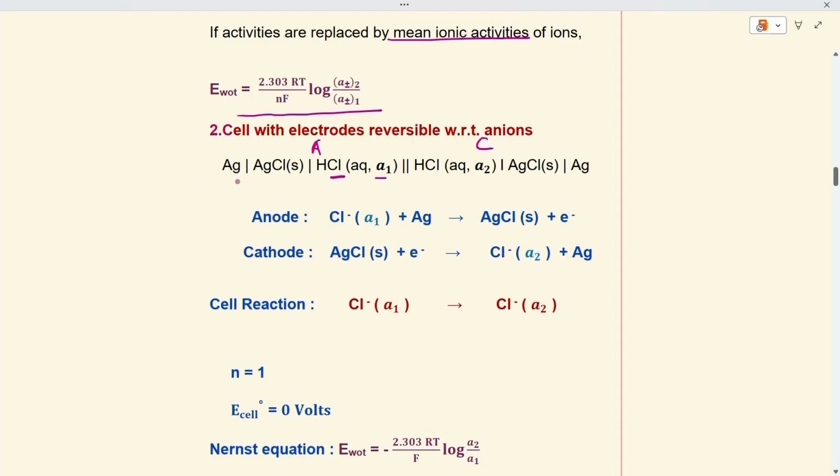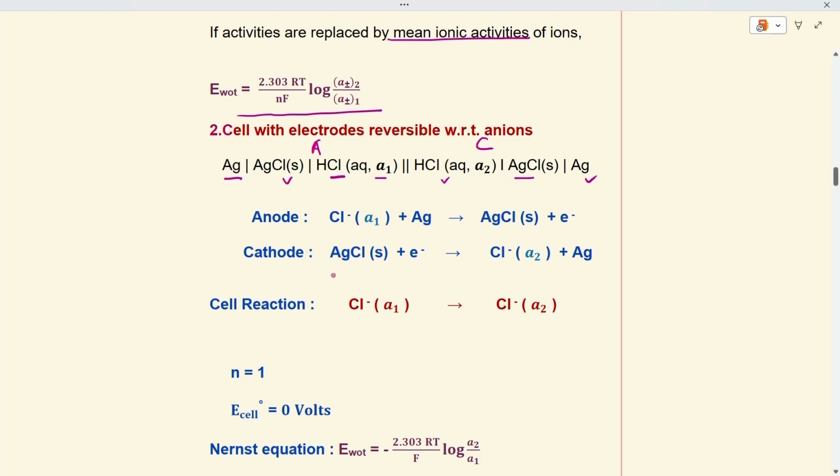Now, let us take the anode reaction. Silver combines with chloride ions, forming silver chloride solid and releasing an electron, because to form silver chloride, silver has to lose one of its electrons. So, that is an oxidation, and on the cathodic side AgCl solid takes up an electron and gets converted into silver, and chloride ions are released.